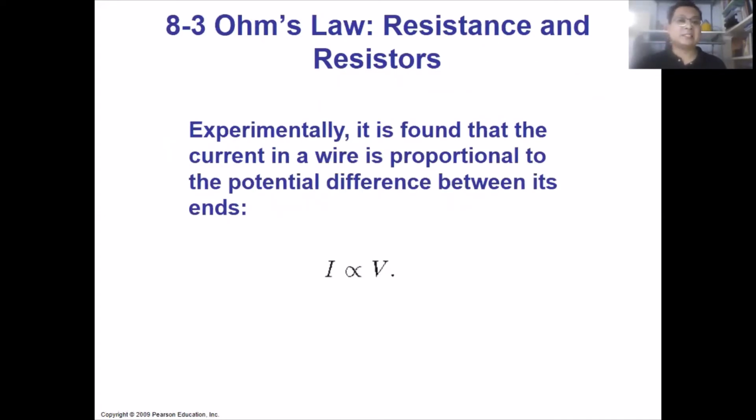Resistance and resistor. Experimentally it's found that the current in a wire is proportional to the potential difference between its ends. So current and voltage are proportional, because the resistance will reduce the voltage itself.